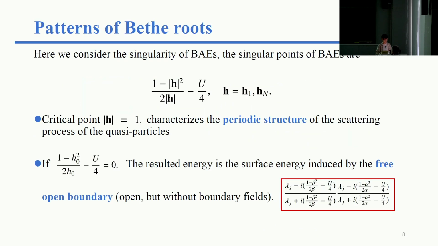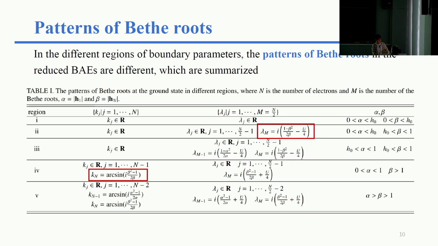Solutions. Do you study it for a finite chain or for an infinite chain? This is a solution of the Bethe ansatz equations. Firstly, we want to know the particular Bethe roots.